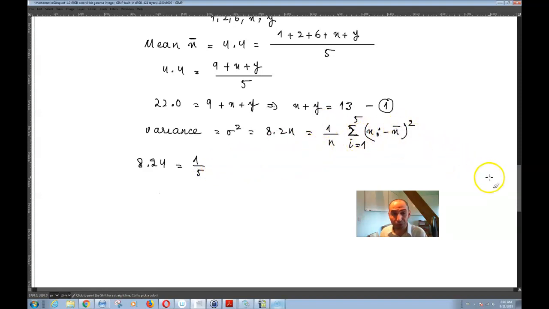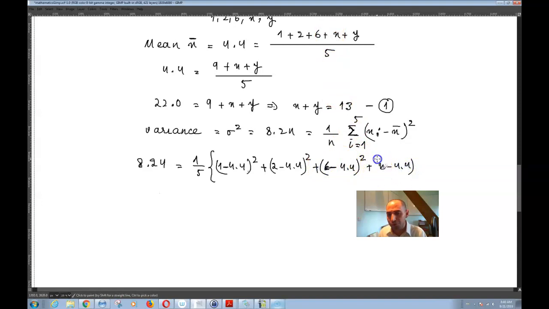You know that your x bar is equal to 4.4. So that's basically 1 minus 4.4 whole squared plus 2 minus 4.4 whole squared plus 6 minus 4.4 whole squared plus x minus 4.4 whole squared plus y minus 4.4 whole squared.